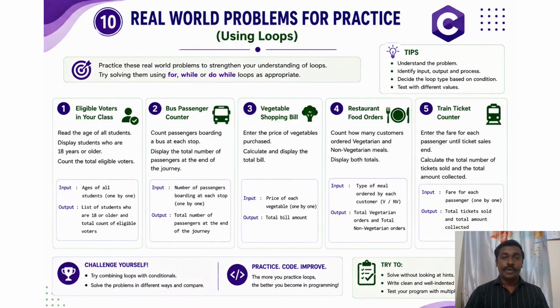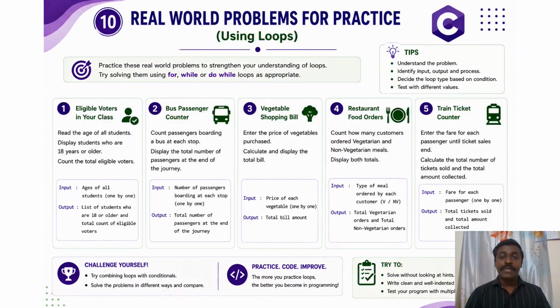What are the real world problems? Eligible voters in your class, which means you have to read the ages of all the students first, display the students who are more than 18 years old, and count the total eligible voters. And the bus passenger counter: count the passengers boarding a bus at each stop, and at the end calculate the total.